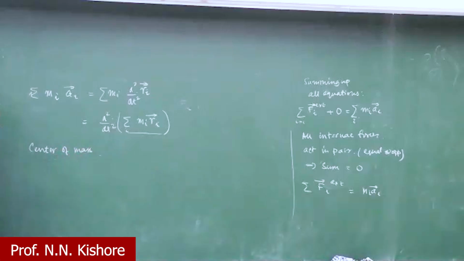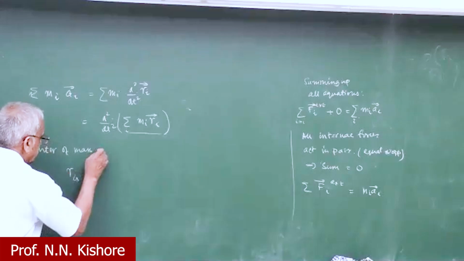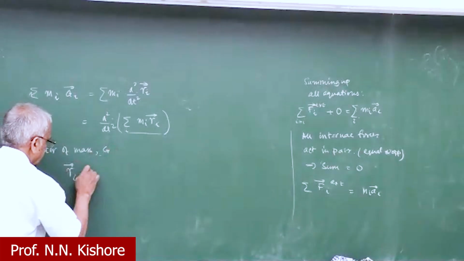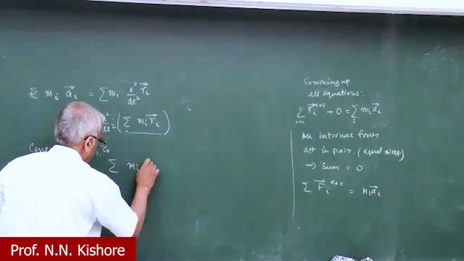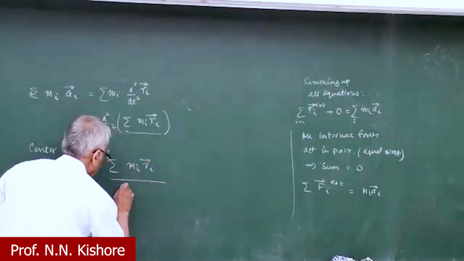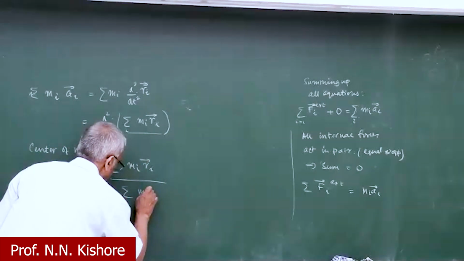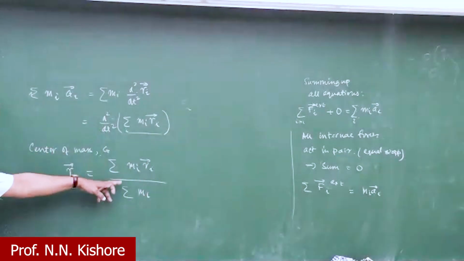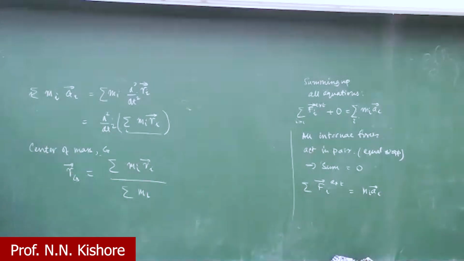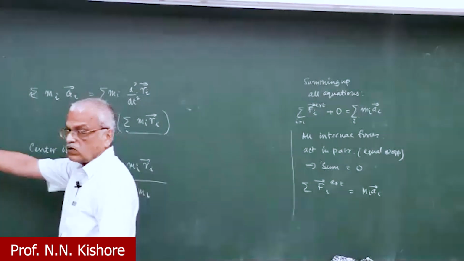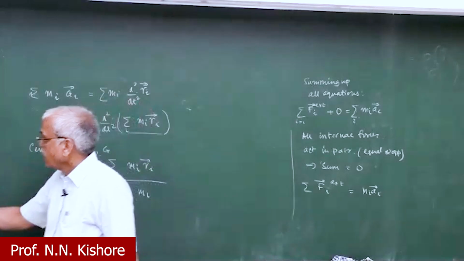So, for example, if you have some odd looking body, just as a matter of completeness here, for a continuum, Rg is nothing but the summation becoming an integral: the integral of R dm divided by the total mass.